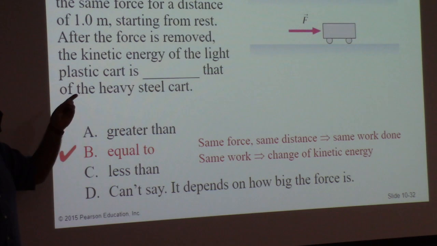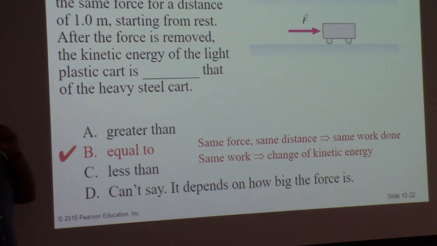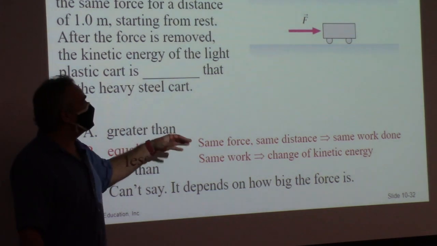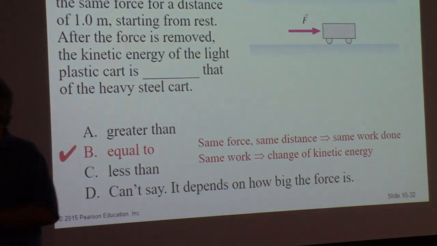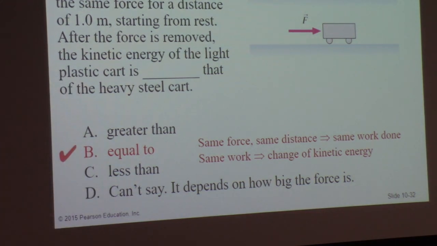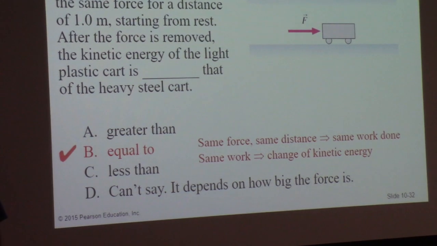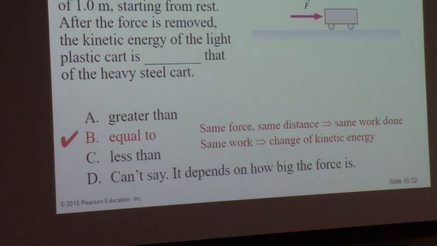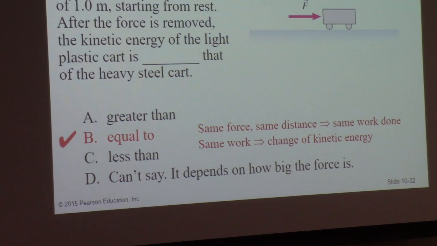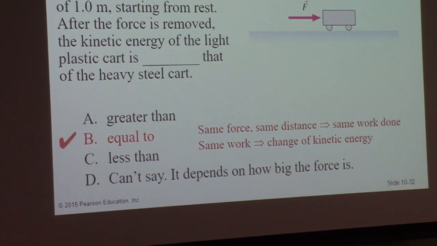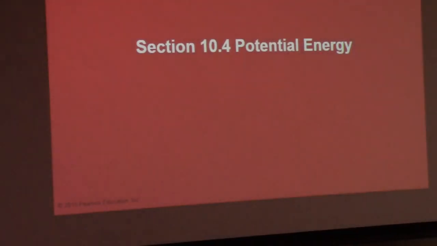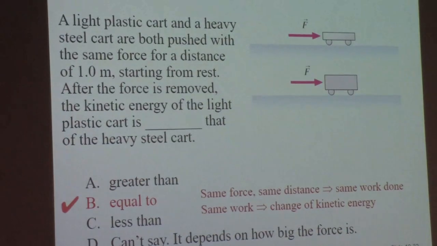The lighter one will be going faster, but it has less mass. The heavier one will be going slower, but it has more mass. Kinetic energy turns out to be the same, though. Same work, same change in kinetic energy. All right, good. If you remember, we did this with momentum before as well. Any questions on that one?